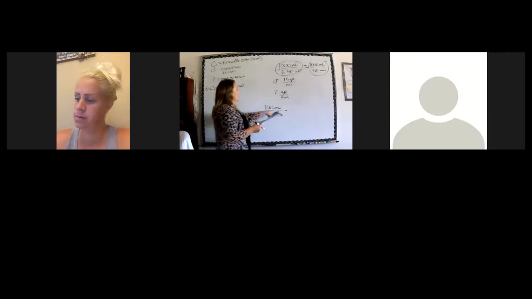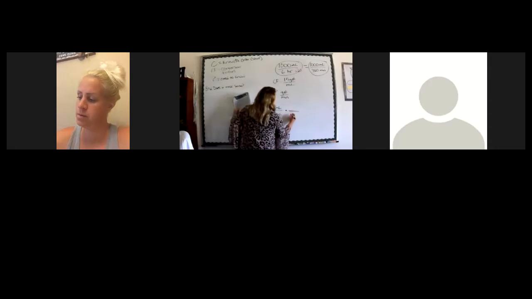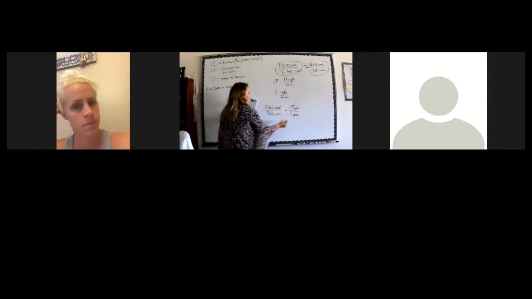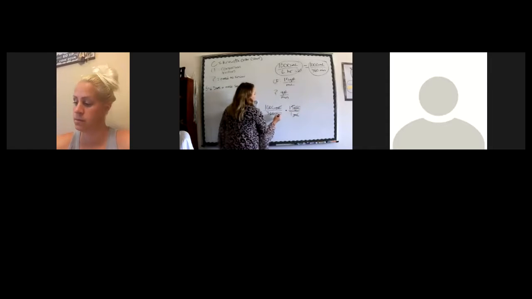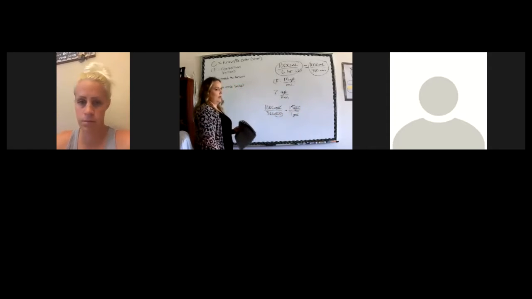So what goes up must come down. Here's my conversion factor. That means I need mils on the bottom. So I'm going to set this up, 1 mil, 15 GTT. That cancels out the mils, and that's going to leave me GTT per minute. My question is asking me how many GTTs per minute.